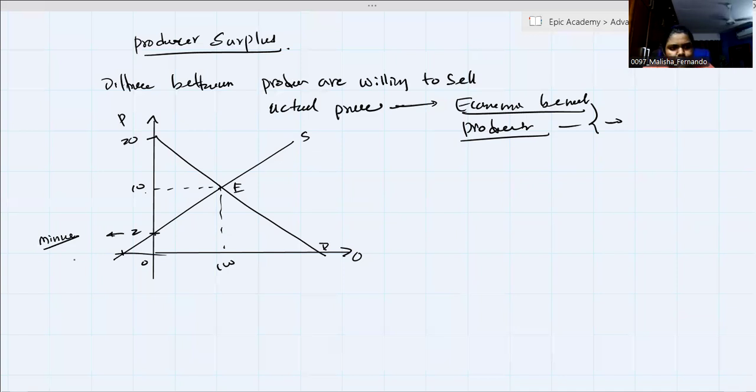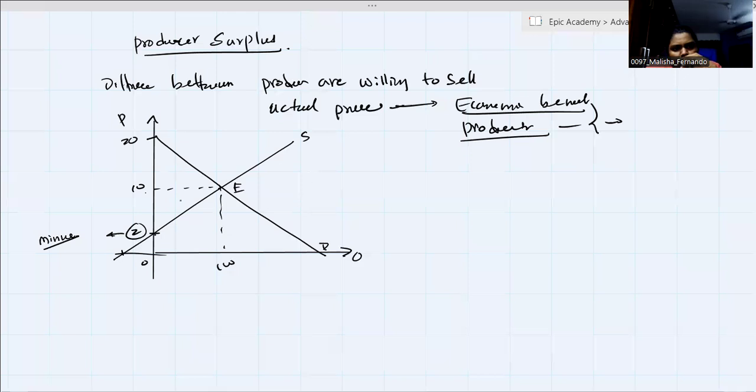Minimum price means this seller tries to sell this particular commodity. If there is no price of at least 2 rupees, he is not going to sell the commodity.